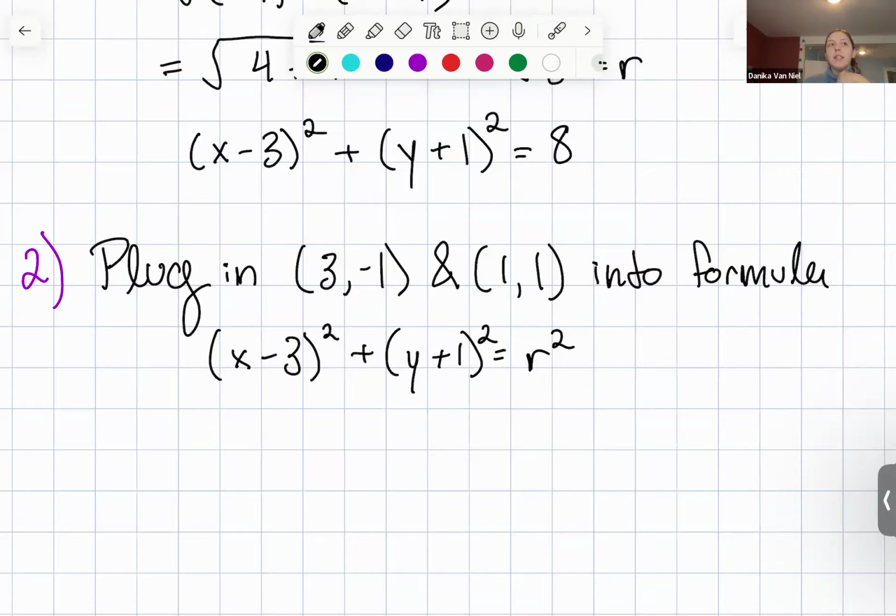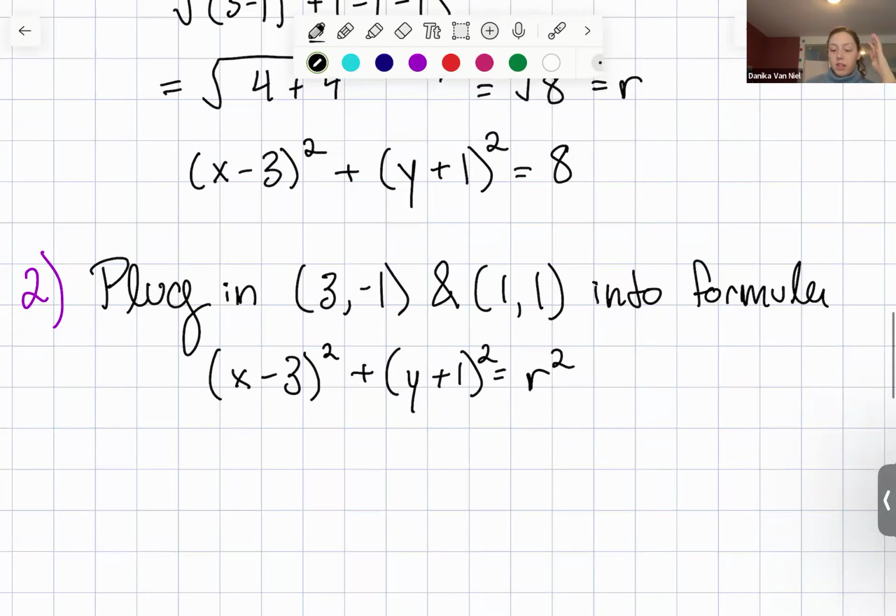Well, what do this x and y stand for? It stands for points on the circle, right? What we're setting up for this solution that we just came up with gives us the parameters that x and y can be on our circle.